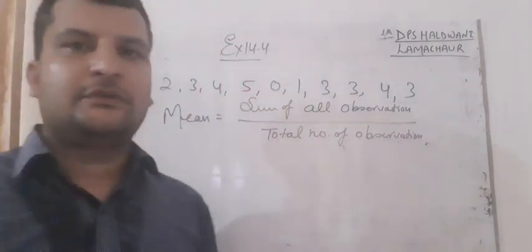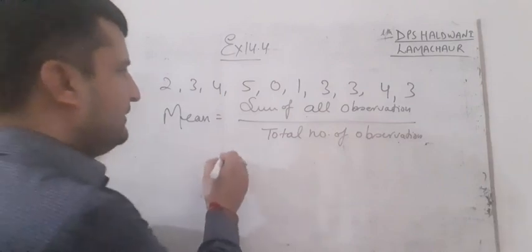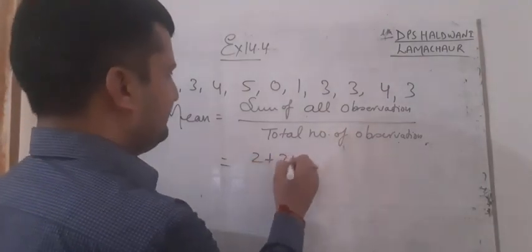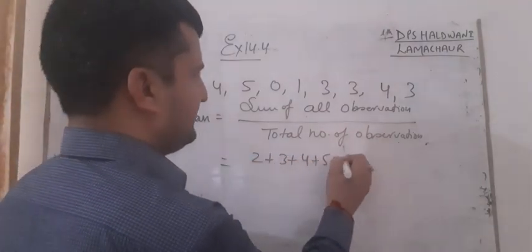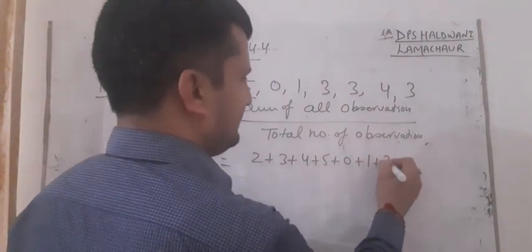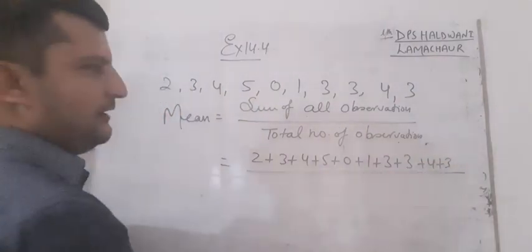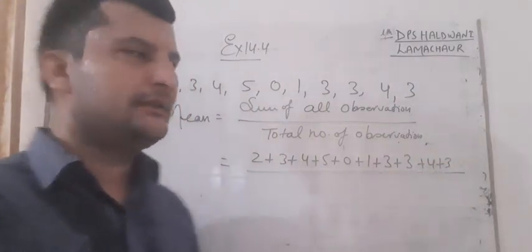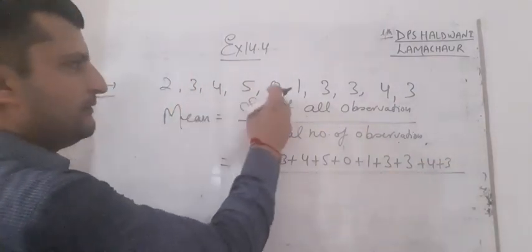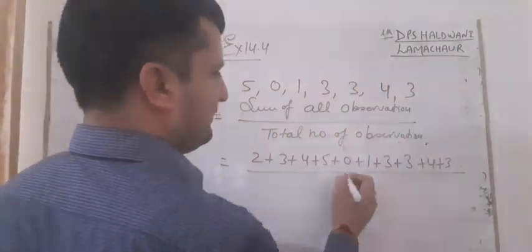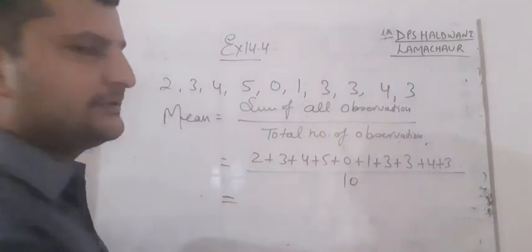Now students, sum of all observations means we have to add everything: 2 plus 3 plus 4 plus 5 plus 0 plus 1 plus 3 plus 3 plus 4 plus 3. And it is given in your book that 10 matches are there: 1, 2, 3, 4, 5, 6, 7, 8, 9, 10. Total matches are 10.